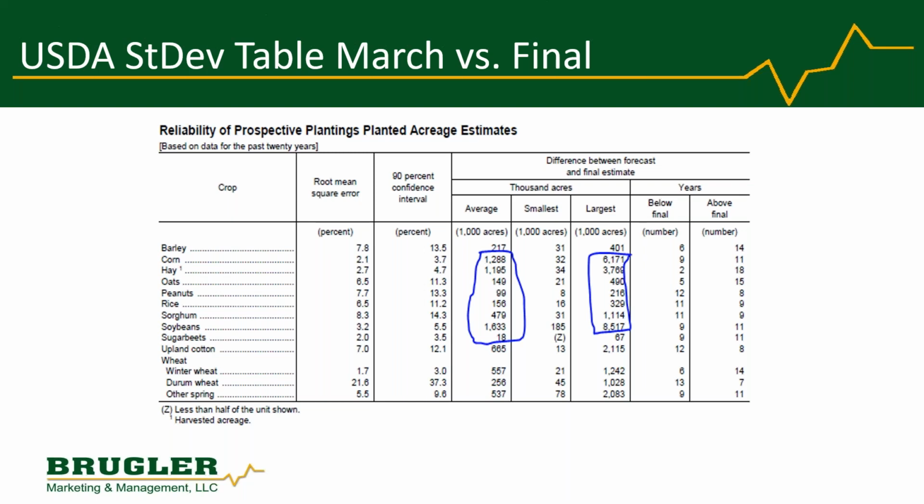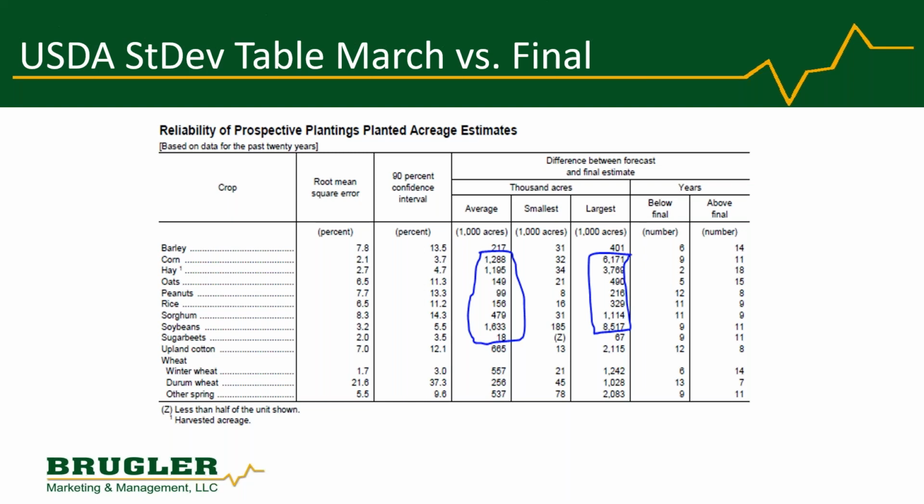If you look at the leftmost of the blue squared off columns, you'll see that the average switch from March to final is 1.288 million acres for corn and 1.633 million acres for beans. So it's possible those could go down instead of up.